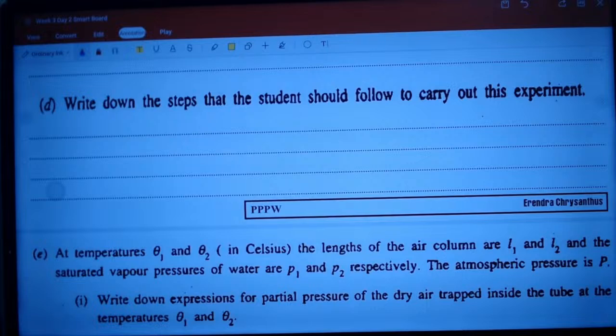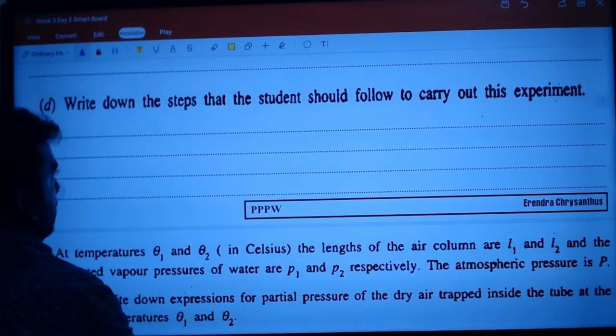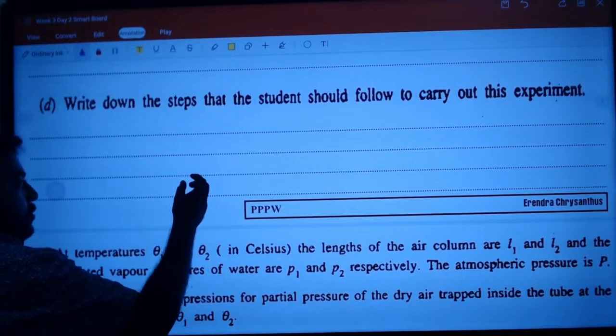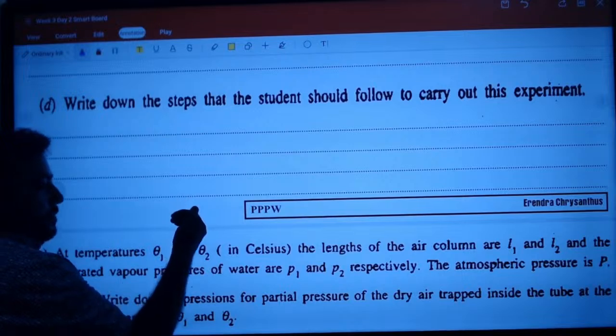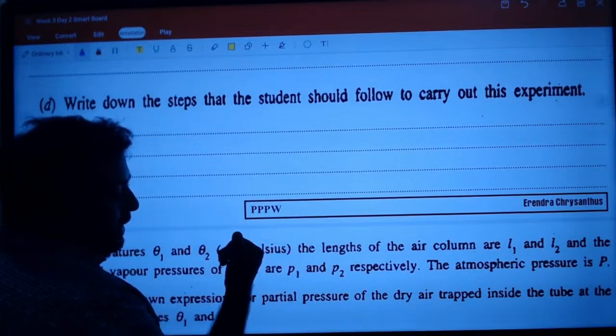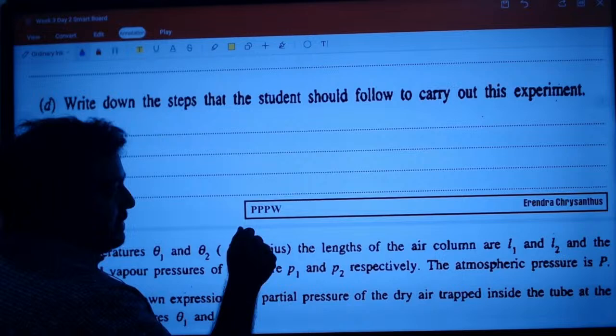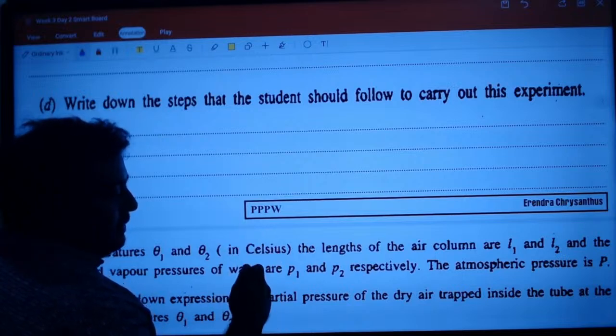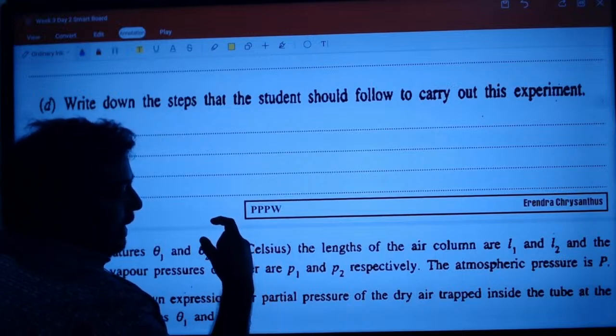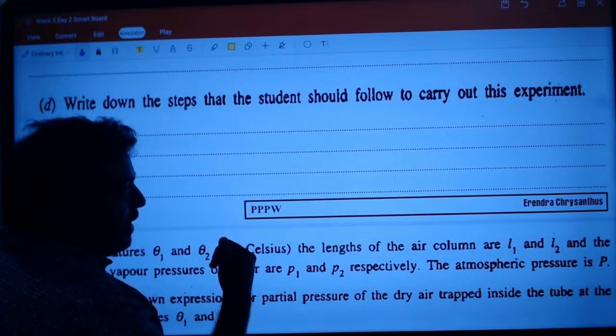Write down the steps required to carry out the experiment. To increase the temperature, what we did was normally increase the temperature by 10 degrees Celsius, remove the Bunsen burner, stir, maintain the particular height, and measure the length of the air column.